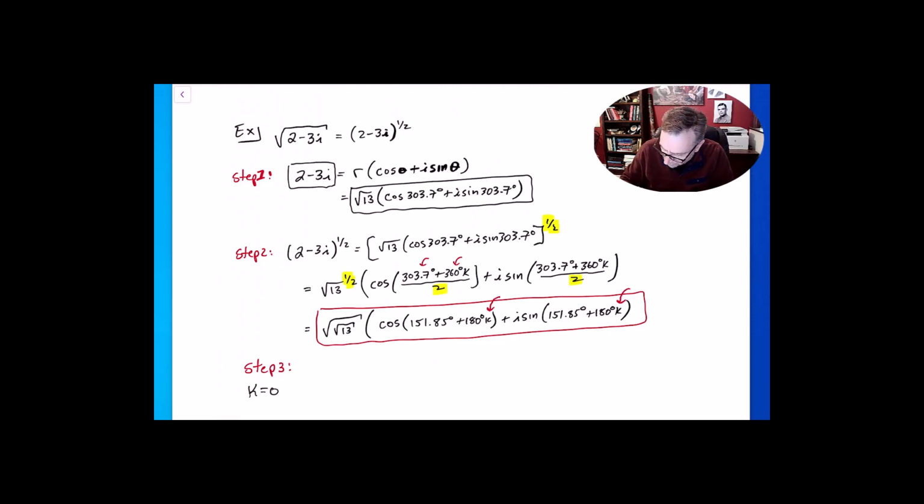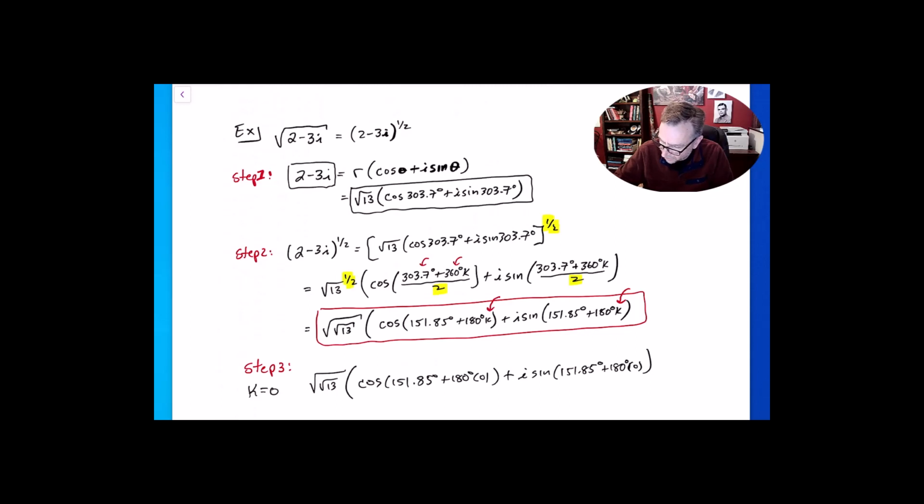So when k is 0, we have the square root of 13 times cosine of 151.85 plus 180 degrees times 0, right, plus I times sine 151.85 degrees plus 180 degrees times 0.